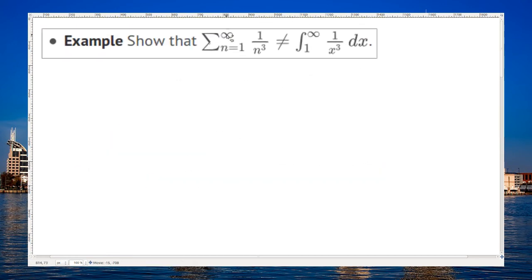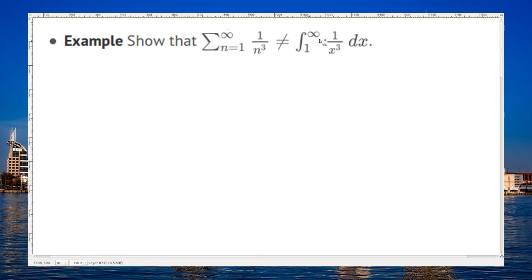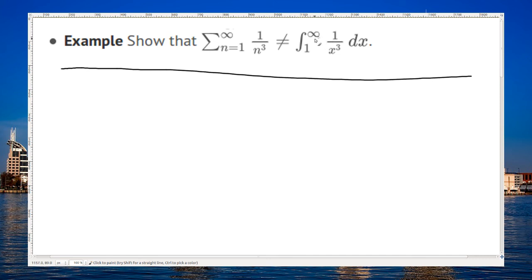All right. So here we have a series and an integral. They both start at the same number, 1. They're both going out to infinity, but here we have the series and here we have the improper integral, and we should be able to show that those have different values. I'll start by computing the integral first, because it's usually easier.